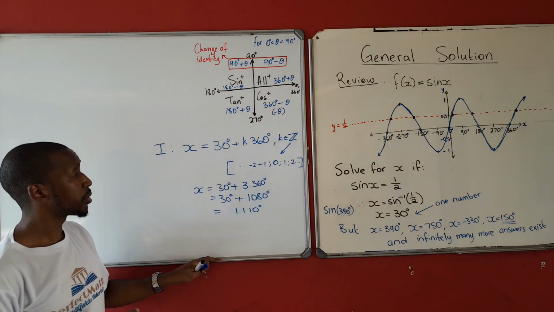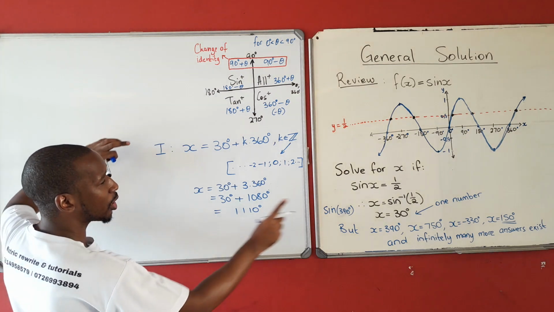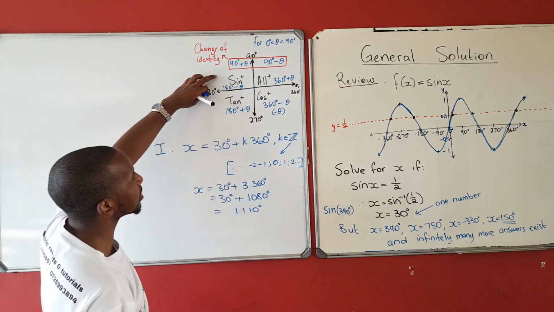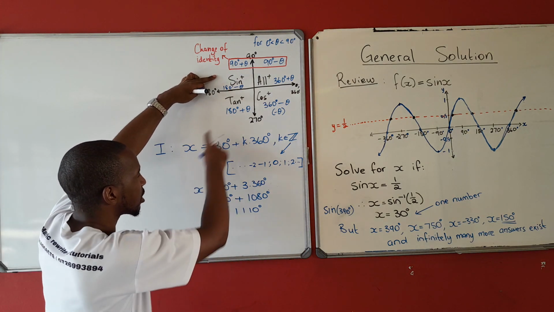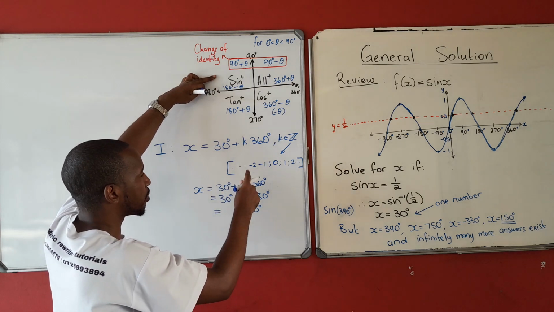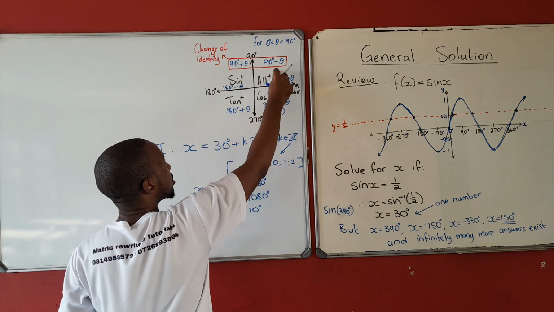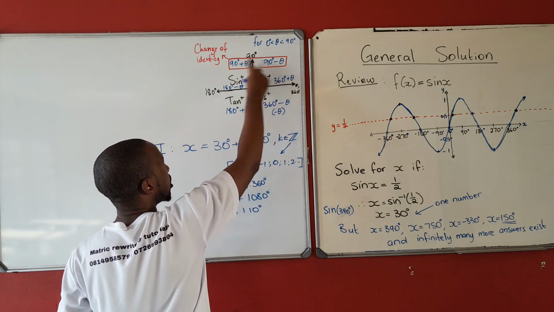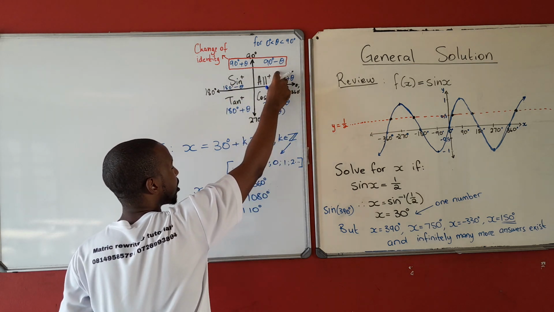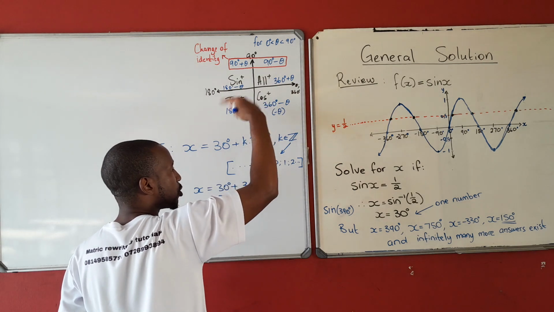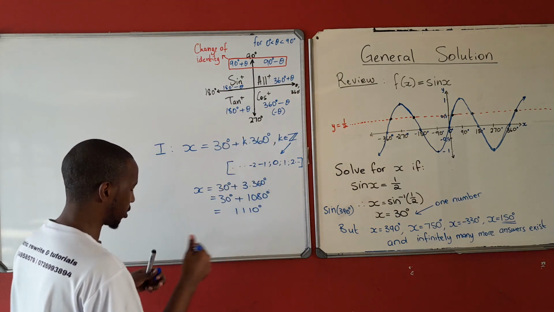So what do we do? We then have to consider that the 150 actually came from the second quadrant. All of these ones that were written here are from the first quadrant, because if you are moving from 30, then you do a full 360 rotation, you're coming back to the same point. Another 360 rotation, same point. So no matter how many rotations you do, you're going to go back to the same point.